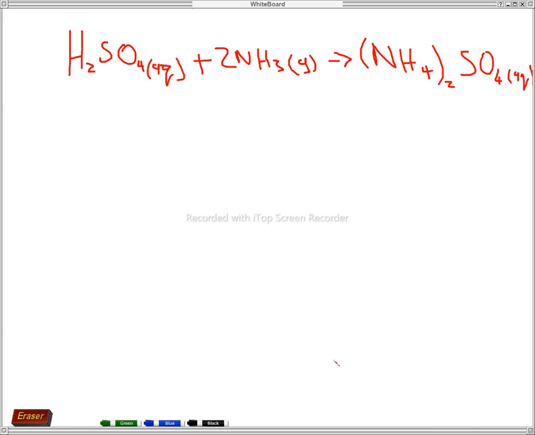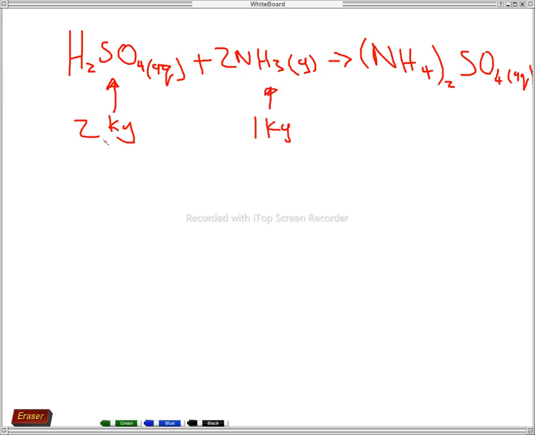So there is the equation, and they ask what is the maximum mass of ammonium sulfate that can be obtained from 2 kg of sulfuric acid and 1 kg of ammonia.